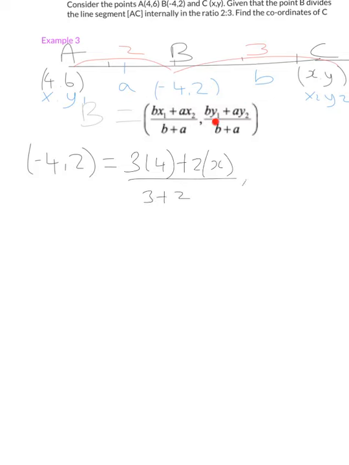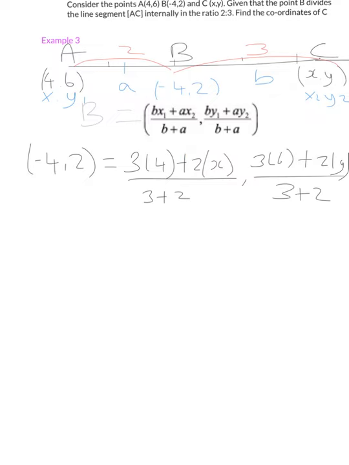Doing the same then for the Y coordinate. So just filling in. So B is 3, Y1 is 6, plus A this time is 2, and Y2 is Y. So 2 times Y, all over 3 plus 2. So all over B plus A, which is 3 plus 2. So now I'm going to work out this as much as I can, and then the Y coordinate as much as I can.